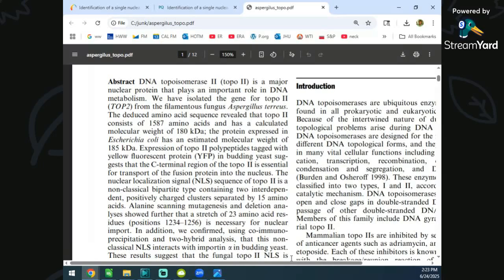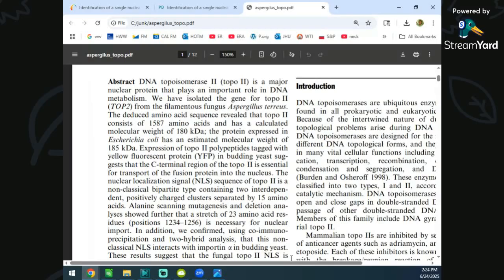The deduced amino acid sequence revealed that topo2 consists of 1,587 amino acids and has a calculated molecular weight of 180 kilodaltons. We only have a few words we didn't understand, right? Okay, good. Go on.